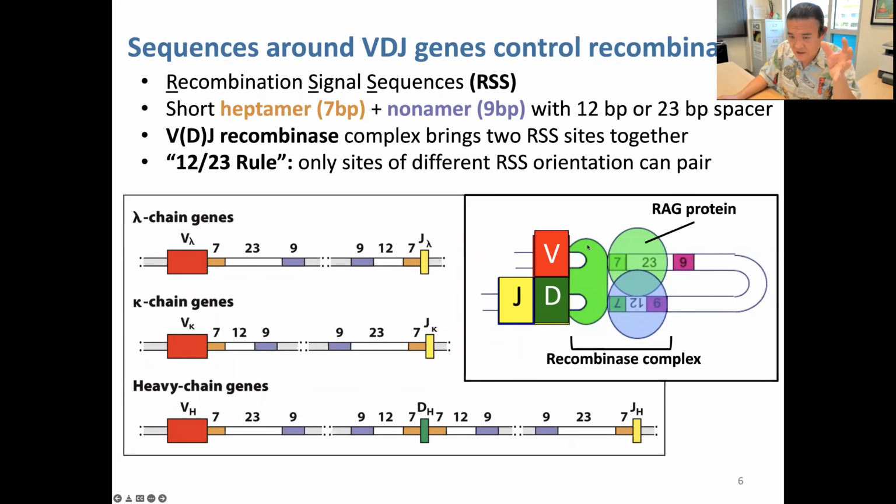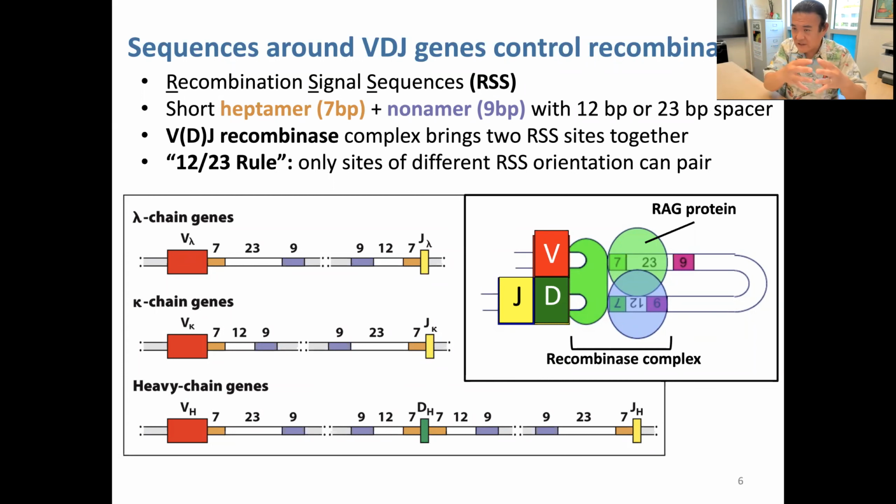But in this cartoon, the RAG complex has chosen this one, and it binds to the RSS sequence, and it also binds to the RSS sequence from, let's say, one of the D blocks, like this one down here. So the 9, 12, 7 that leads into the D block is a good complementary match to the 7, 23, 9 that's leading out of this V block. And that's how the blocks are kept in the right orientation.